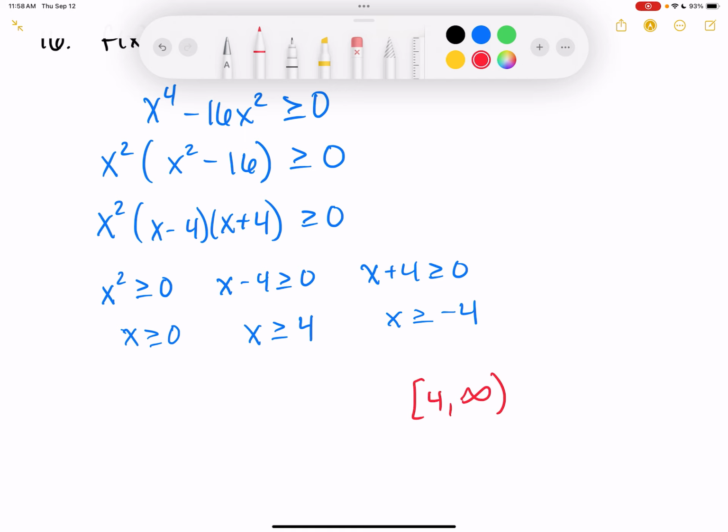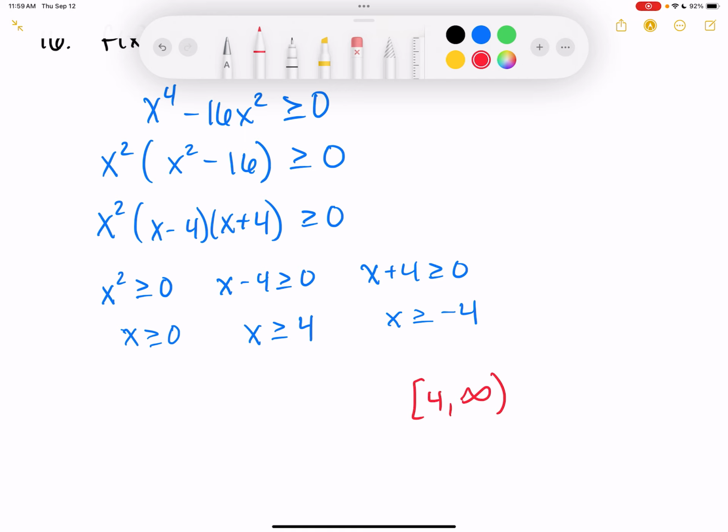With a negative under a radical, it's imaginary. I think -1 works. -1 comes out as positive, so does that mean it works? No, you didn't put the radical on top, so it doesn't work.